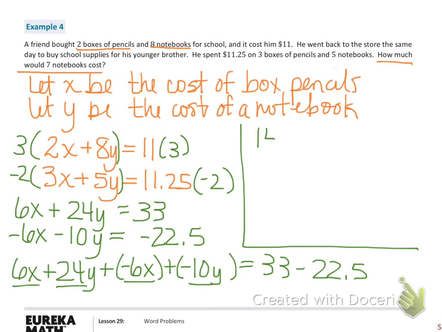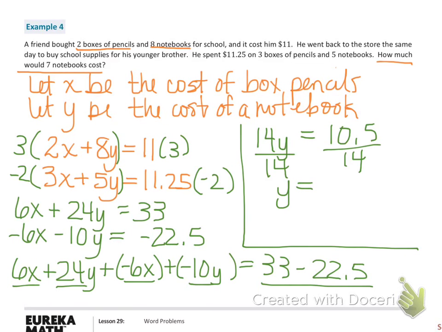So I'm going to end up with 14y is equal to 33 minus 22.5, which is 10.5. 33 minus 22 would be 11, minus the 0.5 would be 10.5. So now divide by 14, and y is equal to, this actually comes out to 0.75, which is also 3/4.